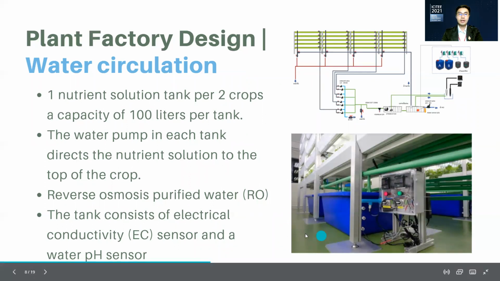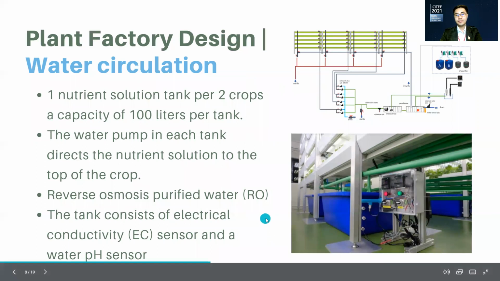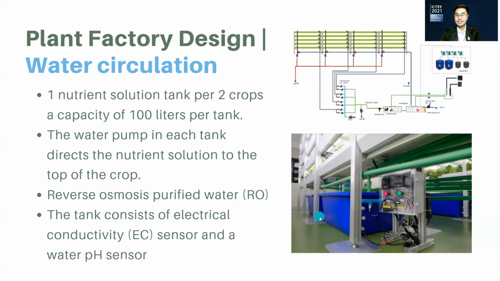We use reverse osmosis purified water, or RO water. In this tank, the blue one in the picture, there is an electrical conductivity sensor, or EC sensor, and a water pH sensor.